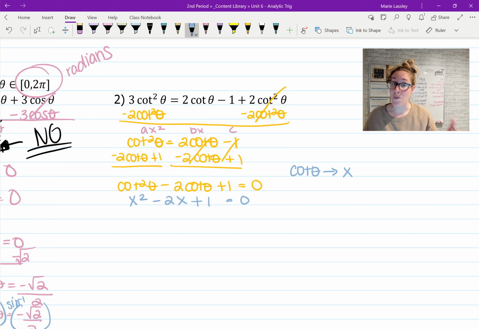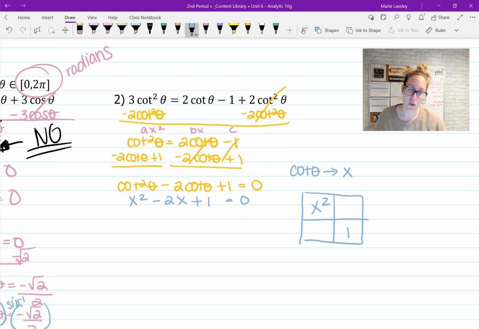Now I like the box method. We put our x squared in the top corner and our 1 in the bottom corner. We're looking for two numbers that multiply to a times c and add to b.